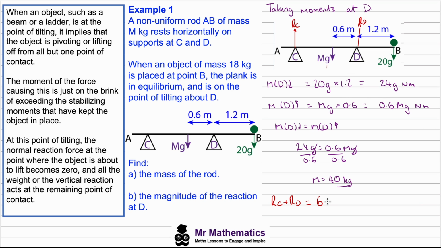So this is 60g. But we're told that when this mass is applied, the rod is on the point of tilting, which means the normal reaction from C becomes zero. So therefore, RD will equal 60g, which is 60 times 9.8, 588 newtons. Okay? Let's move on to example 2.